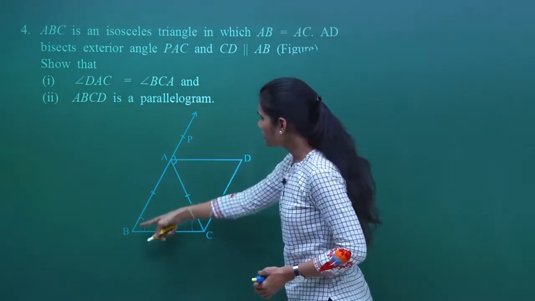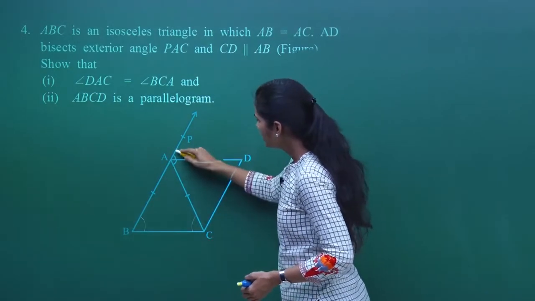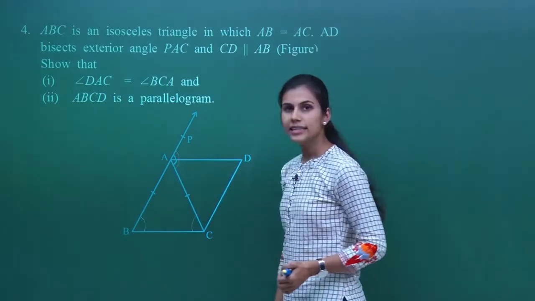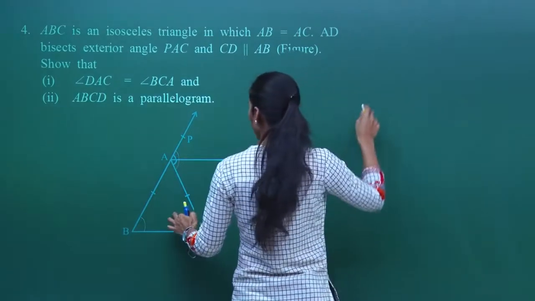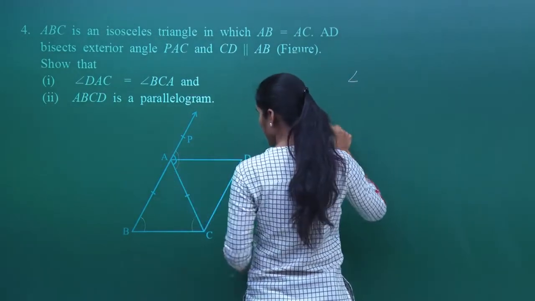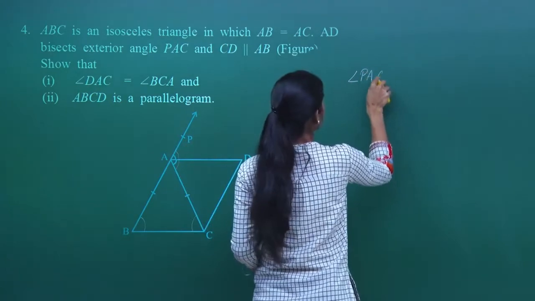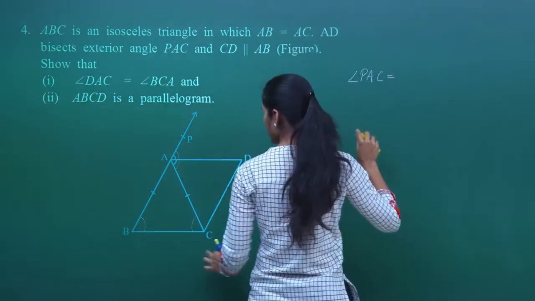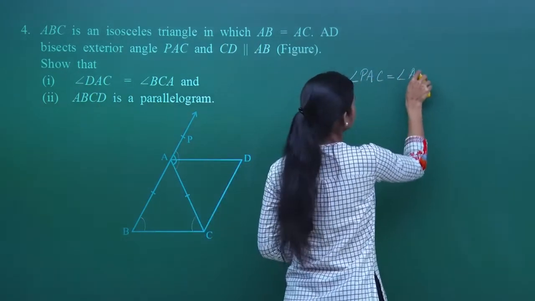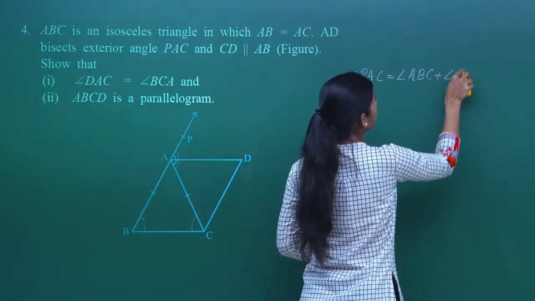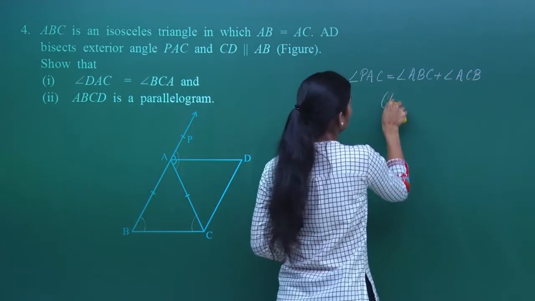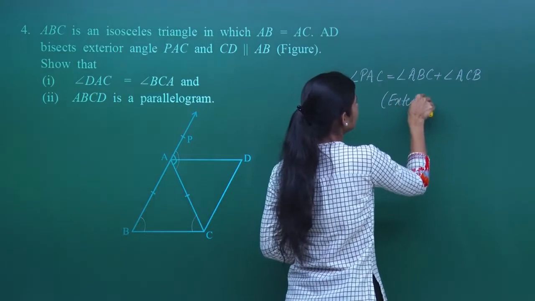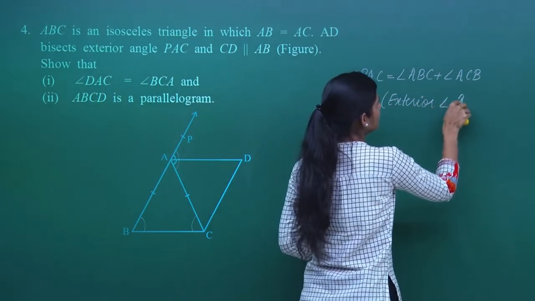Now if you carefully observe triangle ABC, this complete angle is an exterior angle of this triangle. So I will have angle PAC is equal to angle ABC plus angle ACB. Why? Because of exterior angle axiom.